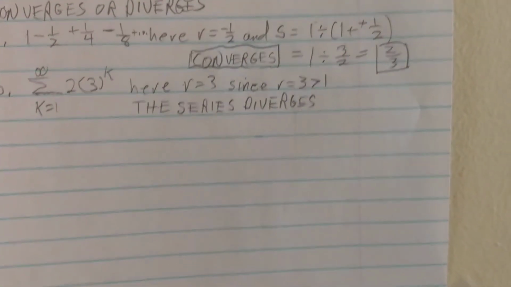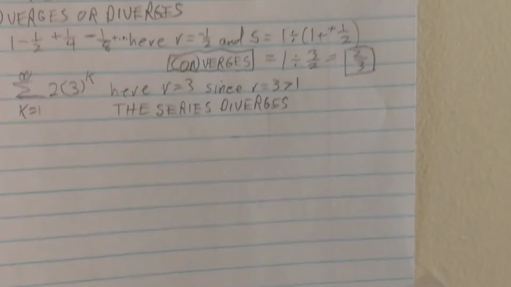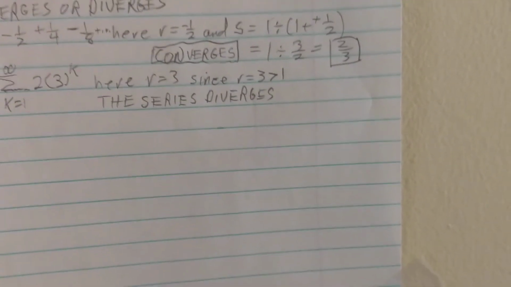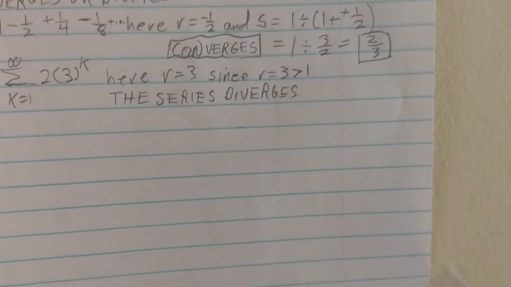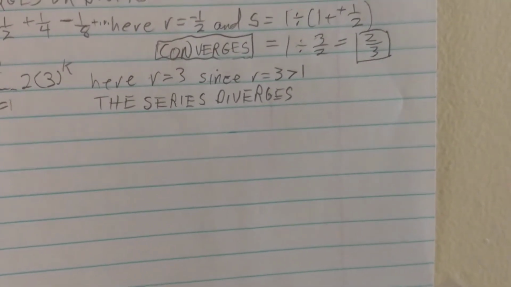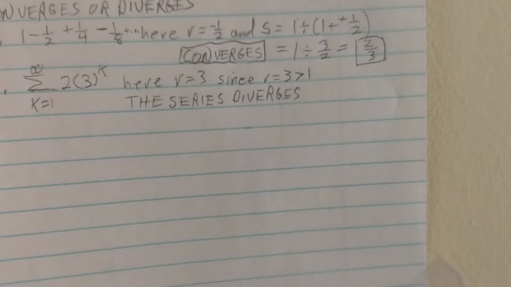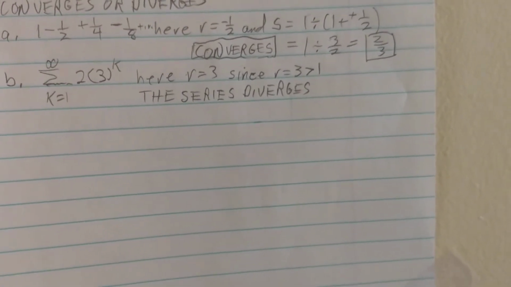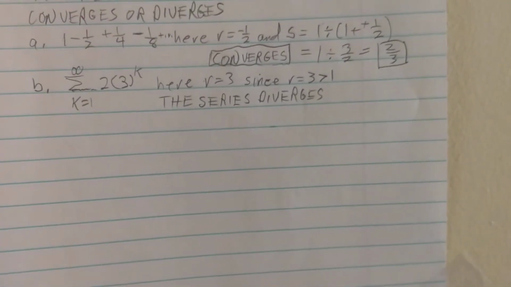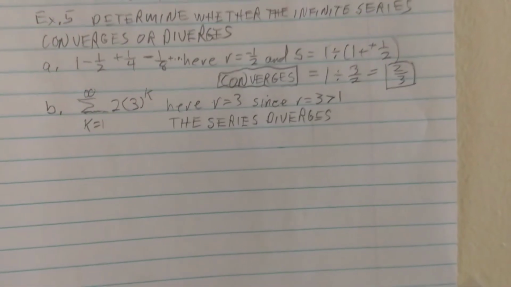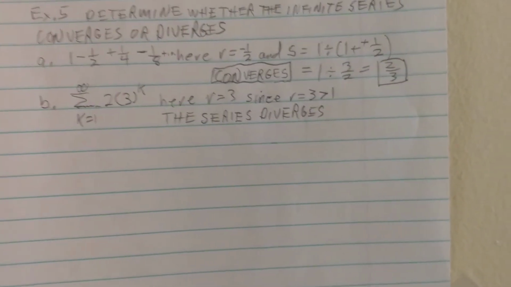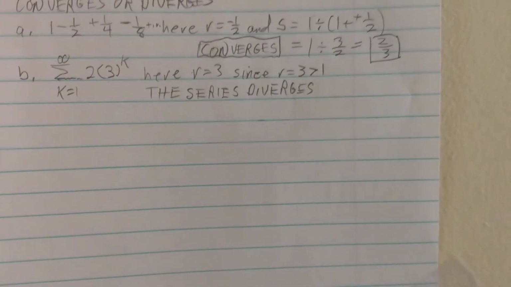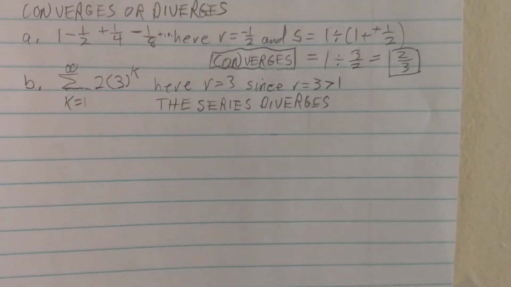And S is simply 1 divided by parentheses 1 minus negative 1/2, or 1 plus 1/2. And so that gives us 1 divided by 3/2, or the reciprocal of 3/2, 2/3. So an infinite sequence, amazingly enough, of those terms that go on forever, each multiplied by negative 1/2, all sum up to 2/3.